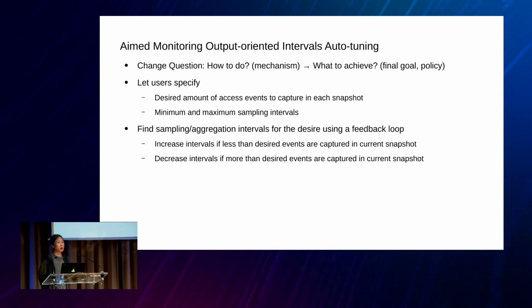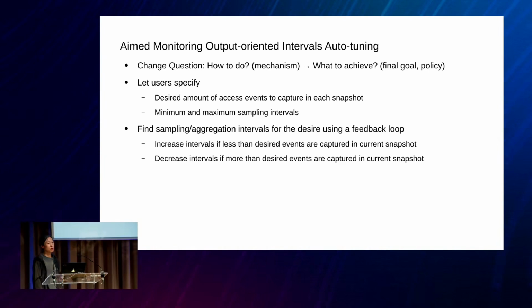That is, this mechanism lets users specify the desired amount of access events to capture in each of the snapshots, how colorful the snapshot should be, and minimum and maximum sampling intervals, so the users can still set the minimum and maximum bounds of the interval so that the auto-tuning doesn't go too far.